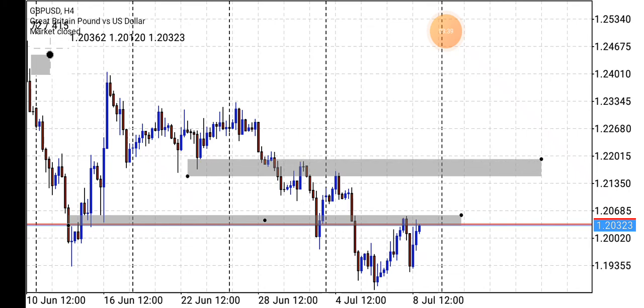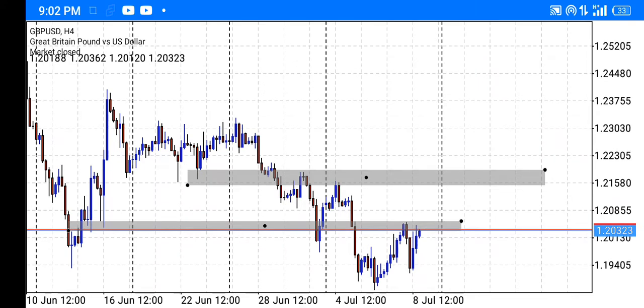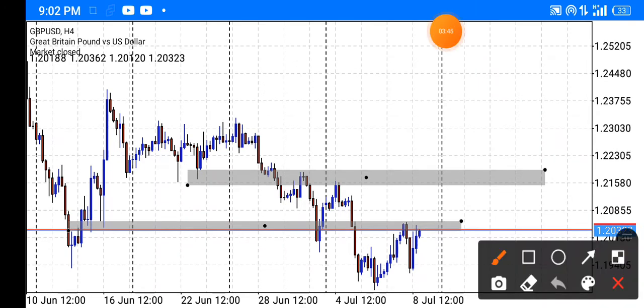If the market eventually comes back to this zone, we'll be looking for the market to retest back here, and then we have the possibility of shorting, or selling, GBP USD, or if there is any possible break of this zone here, we'll be expecting the market to retrace down.